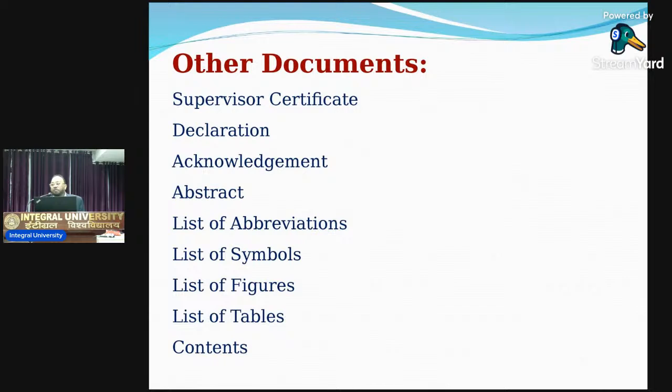List of figures: whatever figure you are going to put in your thesis is to be listed on the front pages, with the figure number and the page on which this figure is available. Like you can see in the books also, these things are available. One list of figures, list of tables, and at last the contents, showing which chapter is at which page.